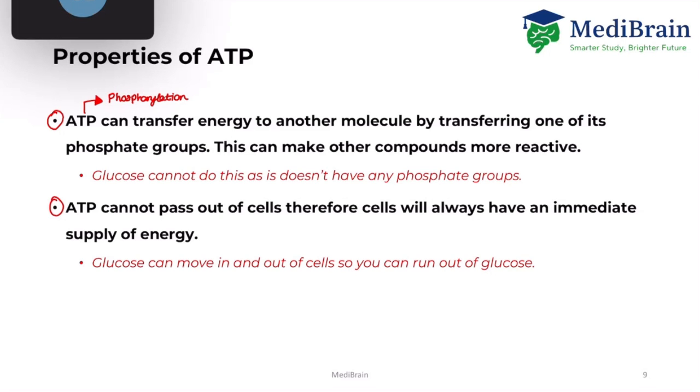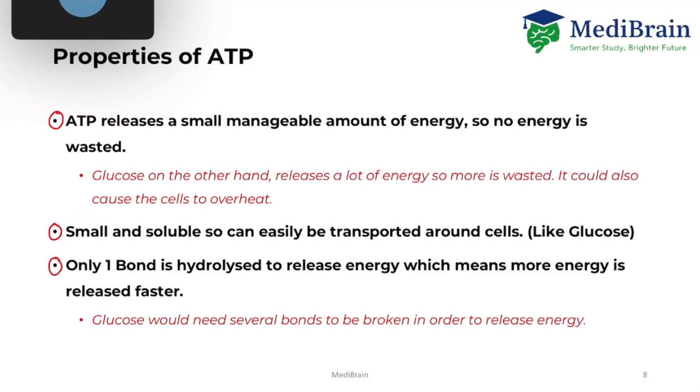Okay, so those are the five properties of ATP that I've gone through. And I would recommend learning at least three. They're not that difficult. The phosphorylation one, if you've learned ATP, you should know about phosphorylation. And put simply, glucose doesn't do that. That's one easy one. I've been reiterating that glucose has several bonds, therefore it cannot be hydrolyzed quickly enough.